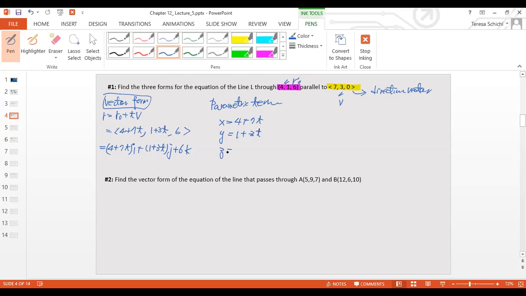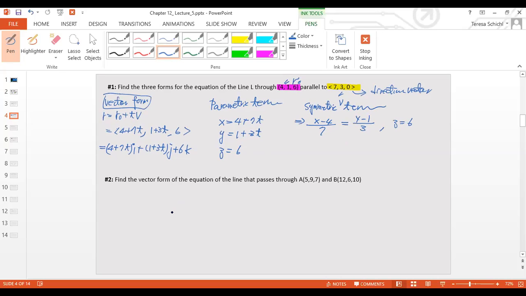And what is z here? z is just 6. Okay, now let's do the symmetric form. I know x minus 4 over 7 is equal to y minus 1 over 3. But z doesn't have a t, so I need to write z equal to 6 here.